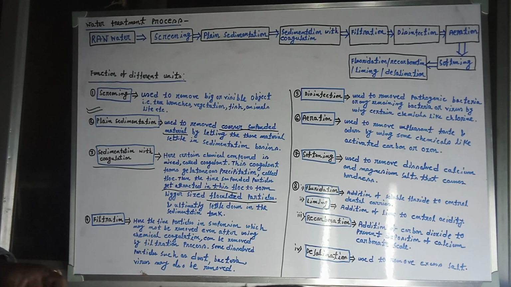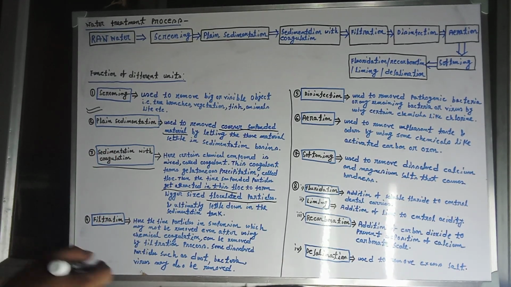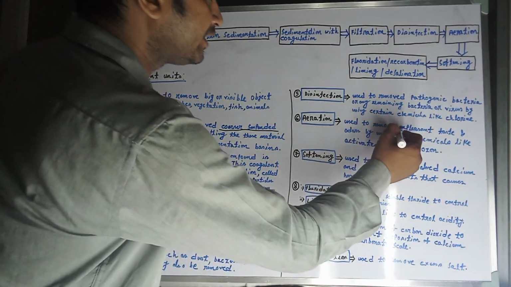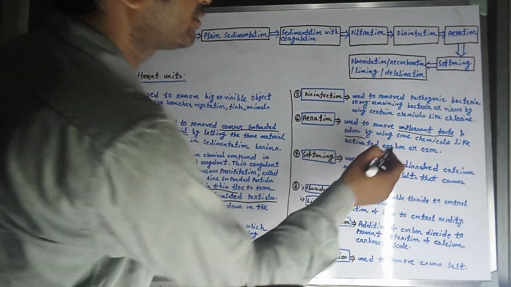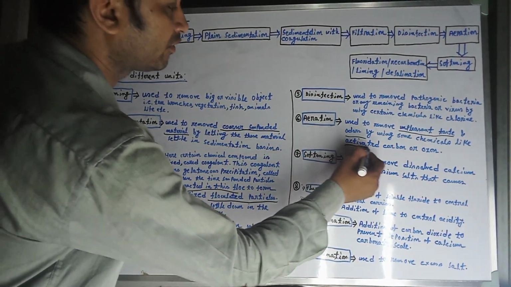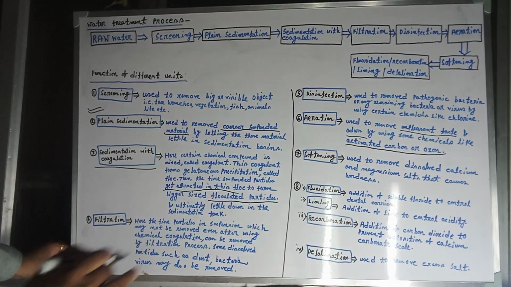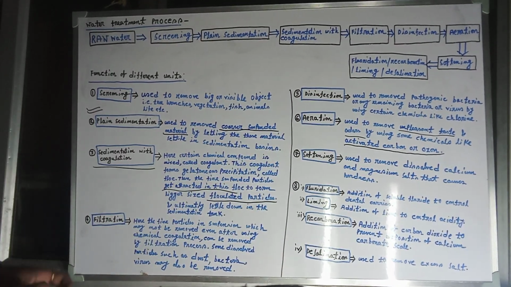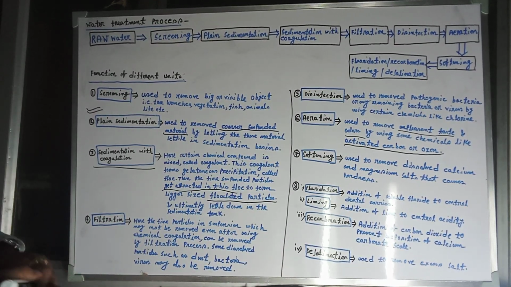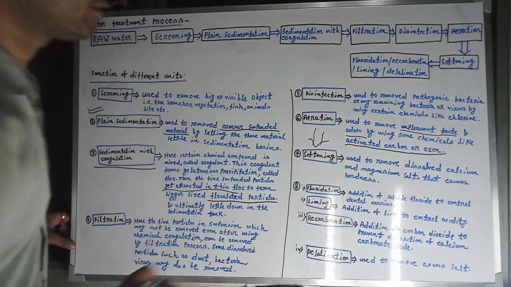So what is the function of the aeration process? The function of the aeration process is removing the unpleasant taste and odors by using chemicals like activated carbon or ozone. Here we will use activated carbon or ozone to remove unpleasant taste and odors. After that we will send the water to the softening unit.